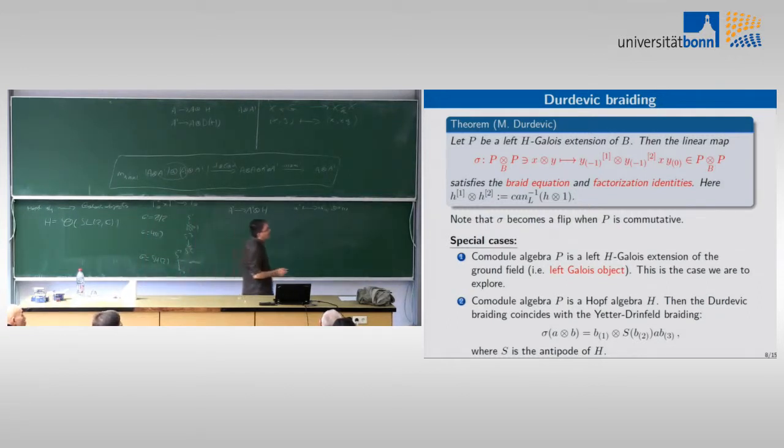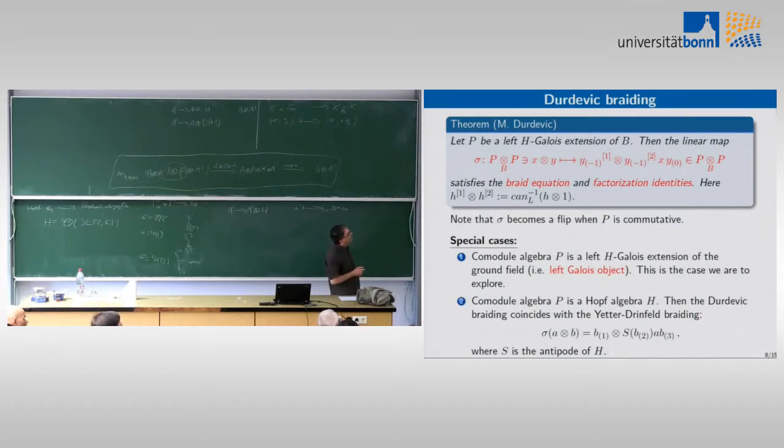You should also observe, and this is a very crucial point, that in case P is a commutative algebra, this braiding is just a flip, which is immediate because then you can pull X outside of Y, and then what you have here is just the inverse of the translation map applied to the translation map, or the other way around.